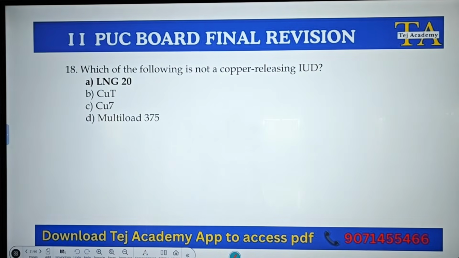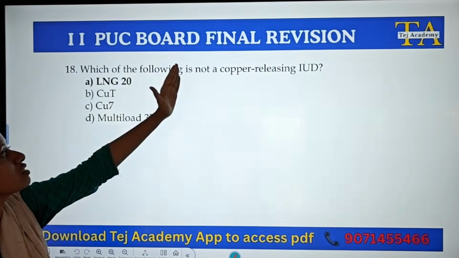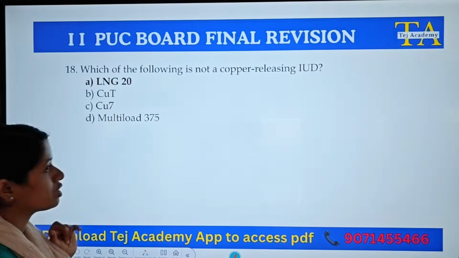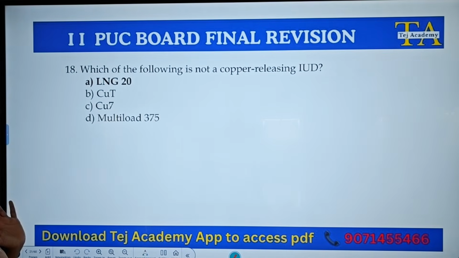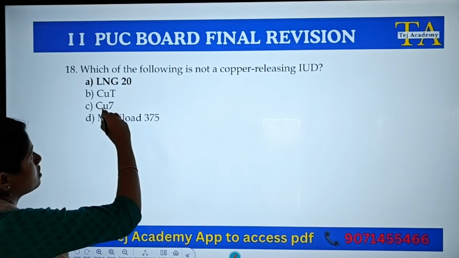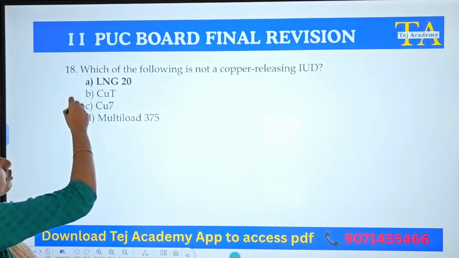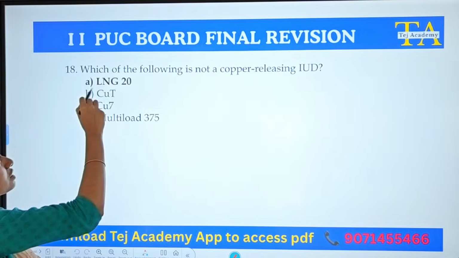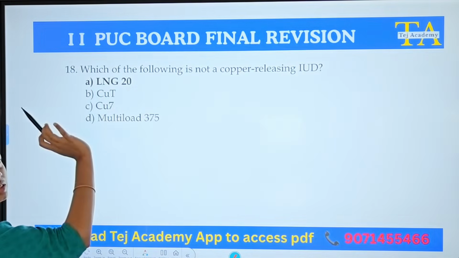The next question is, which of the following is not a copper releasing IUD? Here what you can do is use the elimination method. Elimination method is, you can see among the following options which doesn't belong, you can cut it off, then the remaining answer will be the right one.